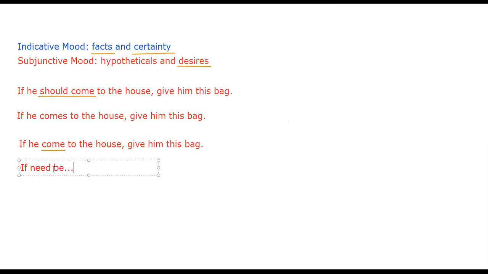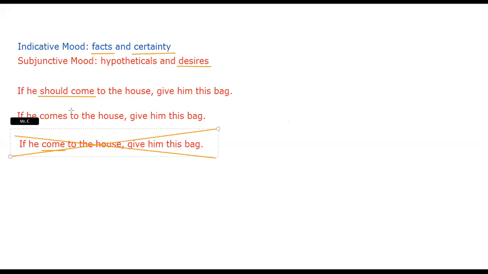In this case, be is a subjunctive, and we use it after need. So that's one of the only few instances of the present subjunctive being used after if. Normally, we don't use it like that after if anymore. So if he come to the house, no one really says that anymore. That would be correct back then, but nowadays it's not. So we just use the indicative. If he comes to the house, give him this bag.